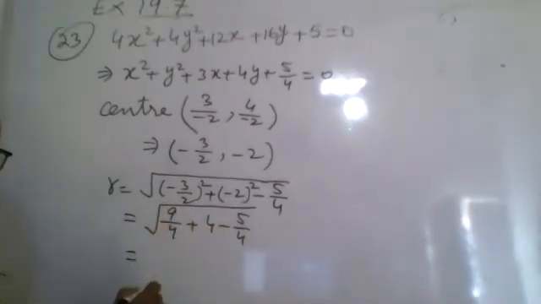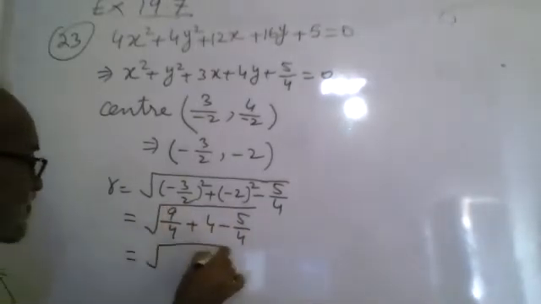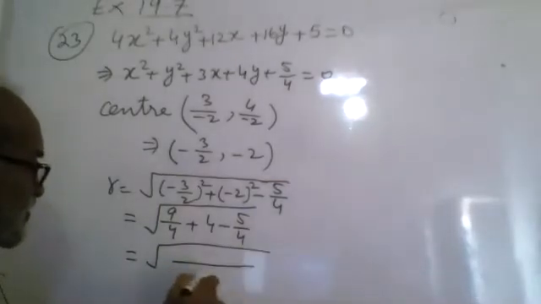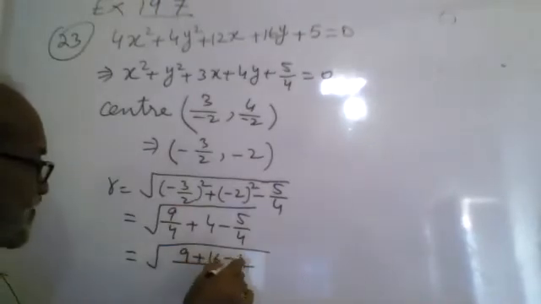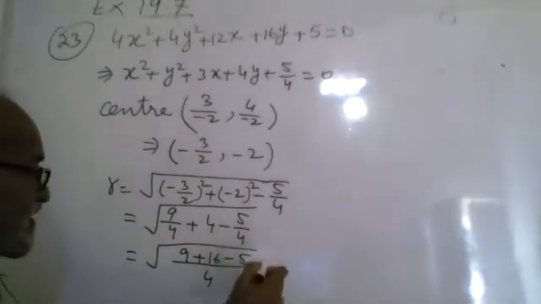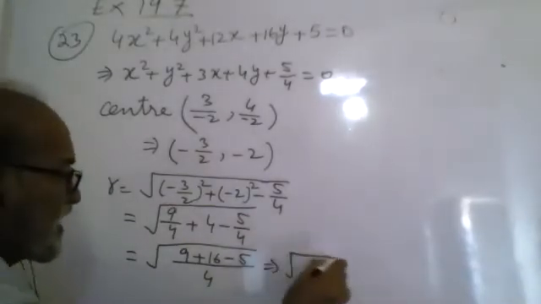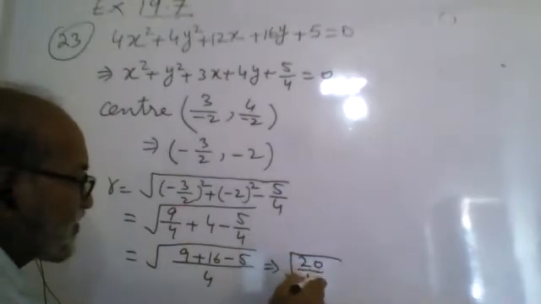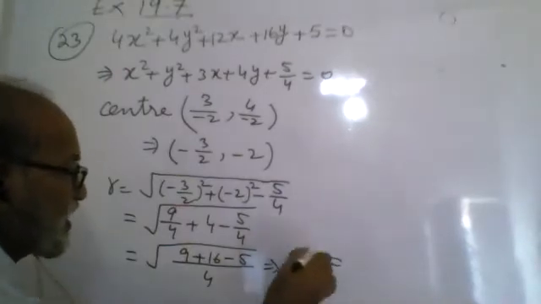LCM 4, 9 plus 16 minus 5. 25 minus 5 will be 20. Under root 20 upon 4, under root 5.